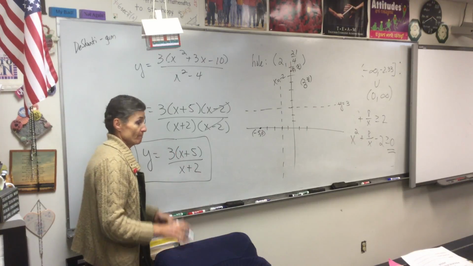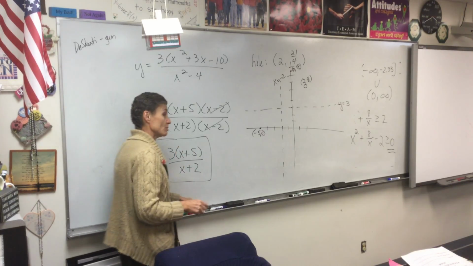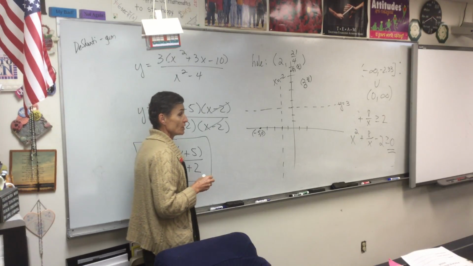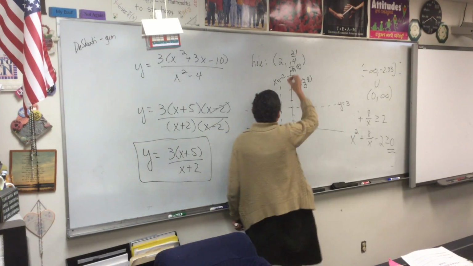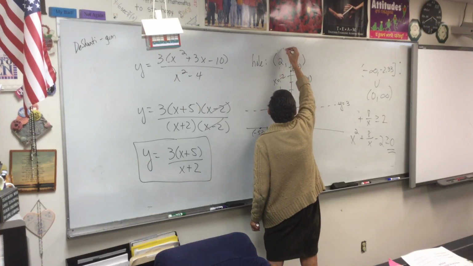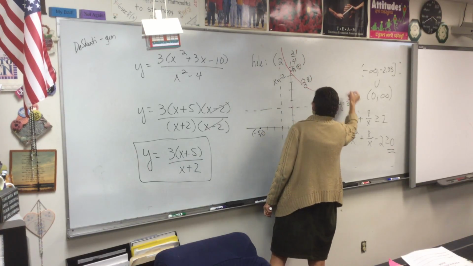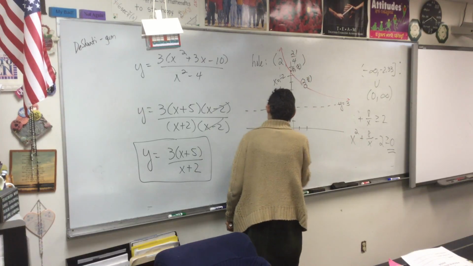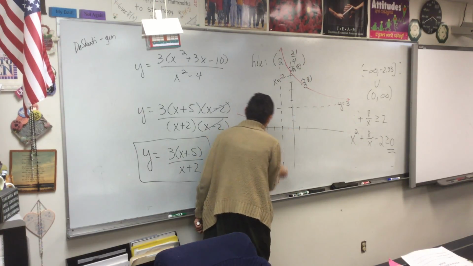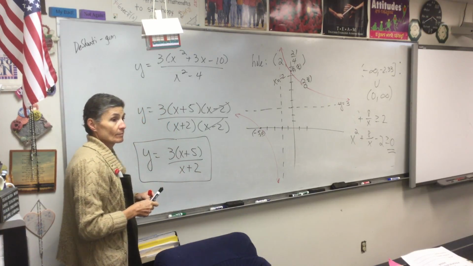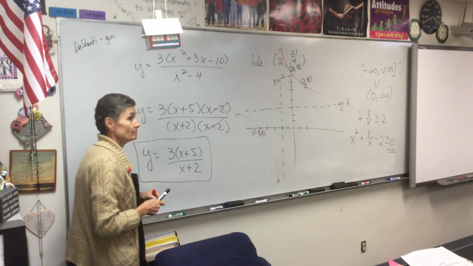Okay, now you gotta sketch it. So you've done everything you were asked to do. Now you're gonna sketch it. Do you have a vision? I hope your vision looks like this. You okay with that?